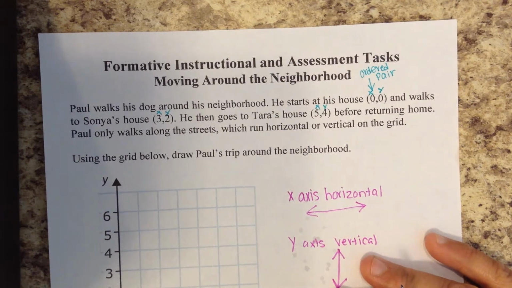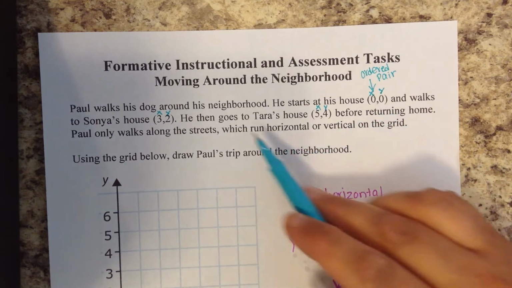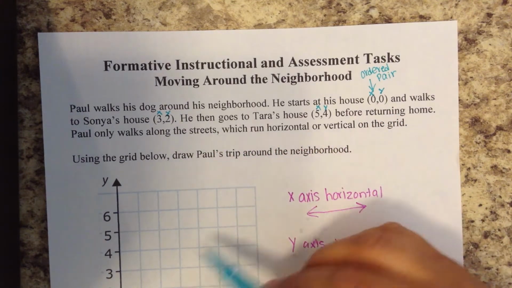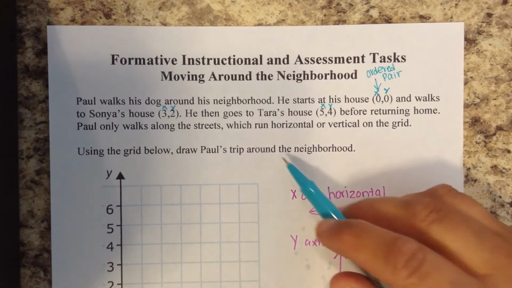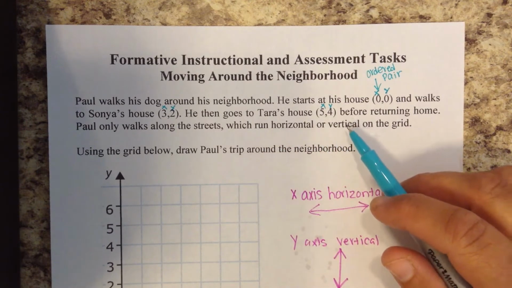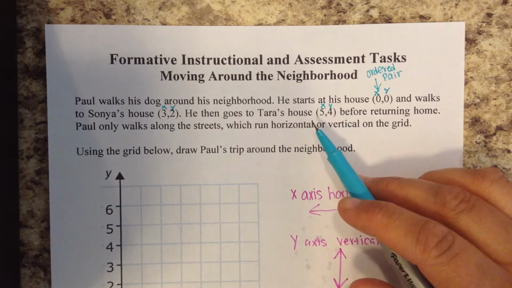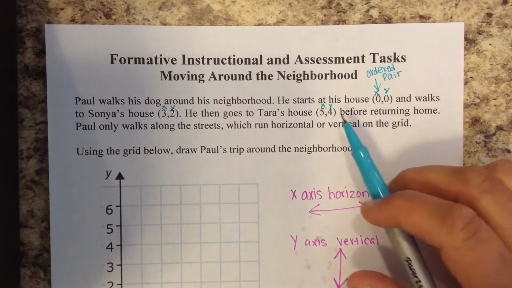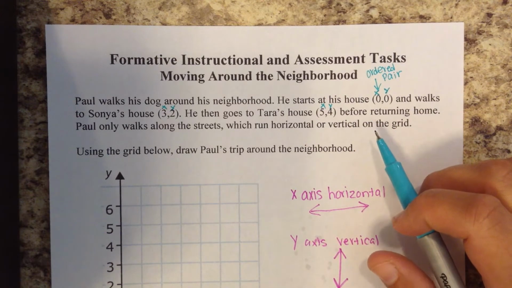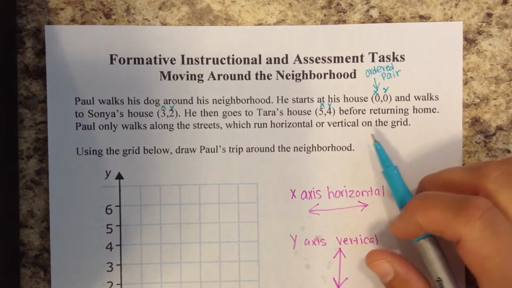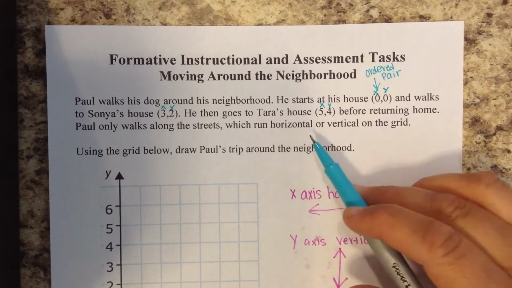All right, so some important information. We're going to use the 3 ordered pairs in the problem. That's what we're plotting on the grid. He is going to both of their houses before returning home, so that means he's going to make a round trip. He's going to go back home. He can only go horizontal and vertical.